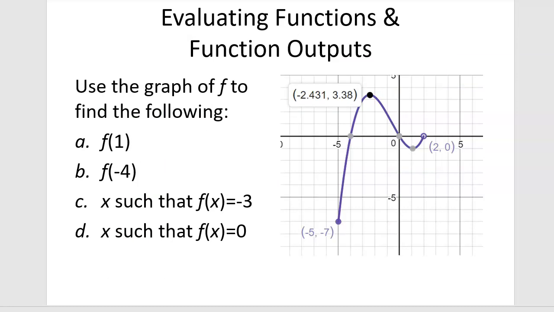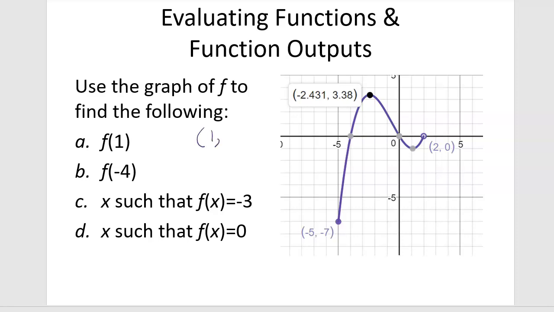So evaluating functions and function outputs is another topic that you need to understand. And this graph over here on the right is the graph of f, that's the function f, and we are evaluating these different values. So f of 1 means that we want to think about an input value of 1.